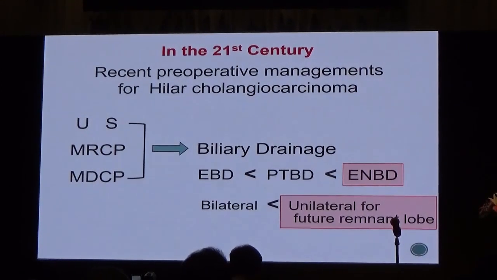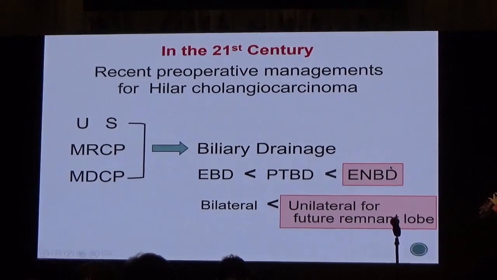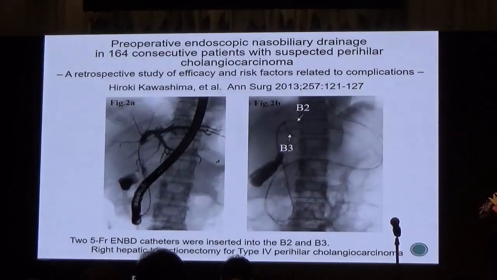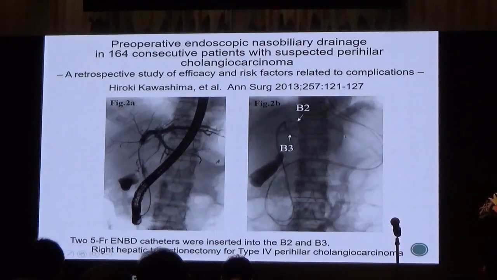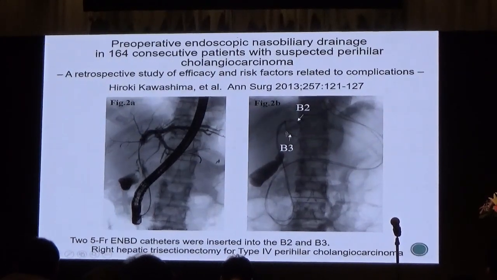The resectional procedure has already been determined by this preoperative diagnostic work-up. For biliary drainage, ENBD is recently preferred. Unilateral drainage of the future remnant liver is the main strategy in most of the Japanese major centers. As I told you, this is selective introduction of ENBD catheters into the future remnant liver.